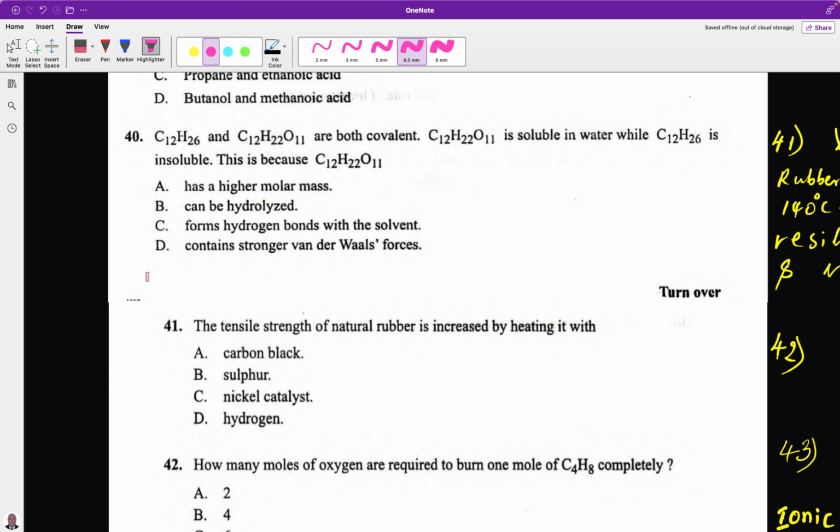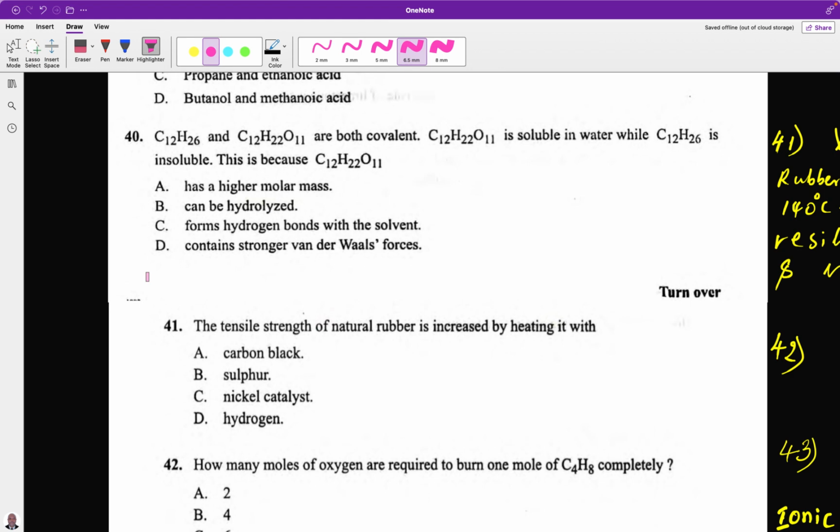B, it can be hydrolyzed. C, it forms hydrogen bonds with the solvent. And D, it contains stronger van der Waals forces.